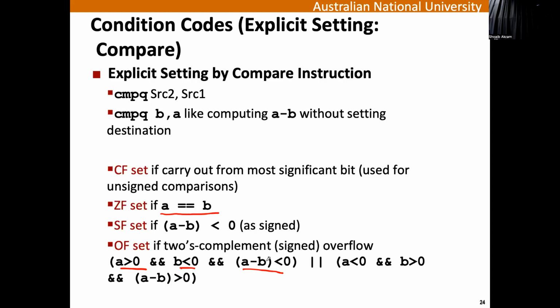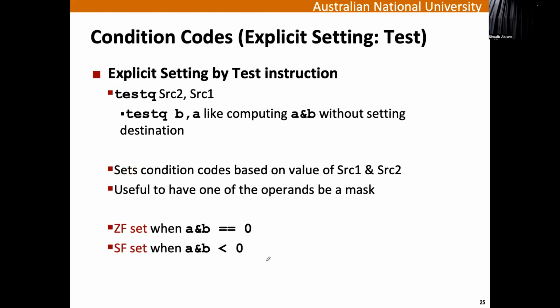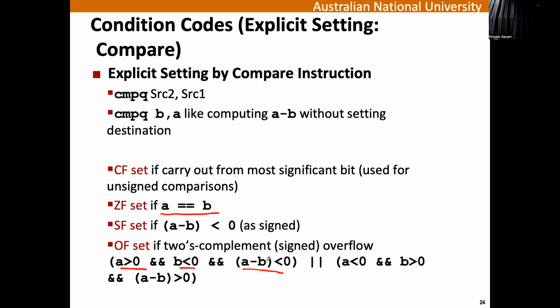There is no way in the world you can get A minus B less than 0. And this is what tells the processor there must have been an overflow. Similarly, if A is less than 0, B is greater than 0, then A minus B cannot be greater than 0. So this is the intuition behind the overflow flag. This is the first way to explicitly set the condition codes.